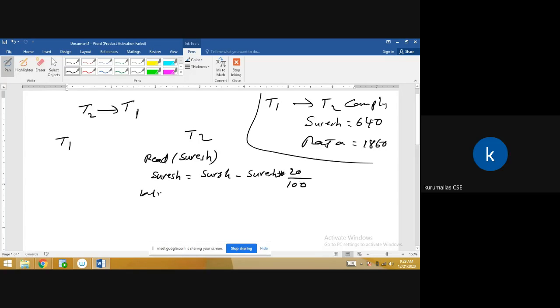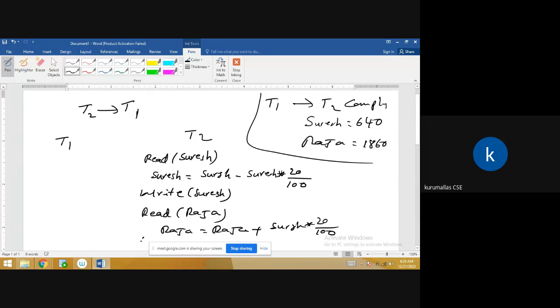After this we apply write of Suresh, updating the Suresh account. Once you decrement 20 percent, next is read of Raja account, Raja equals Raja plus 20 percent. After this, we write, updating the Raja account.